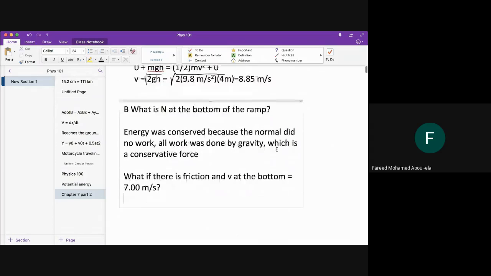Then I want to ask, what was the work done by friction? So again, I'll give you a few seconds if you want to pause the video and work it out for yourself before we start on it.